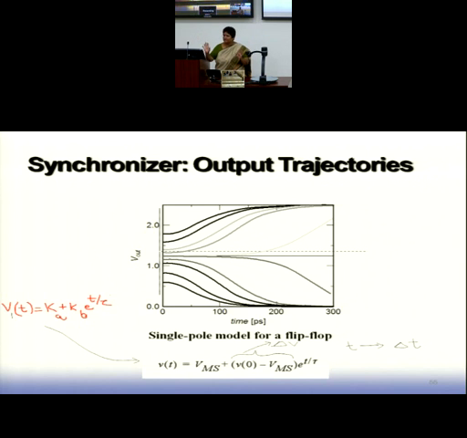You combine the values together and write a simple equation. He is assuming a single pole RC model. Every inverter is modeled like a simple RC structure, with an R out and a C load. Accordingly, he writes its outputs in terms of these responses. At T equal to 0, it is V metastable. At T equal to infinity, it is some other value. Accordingly, he writes an equation. Okay.